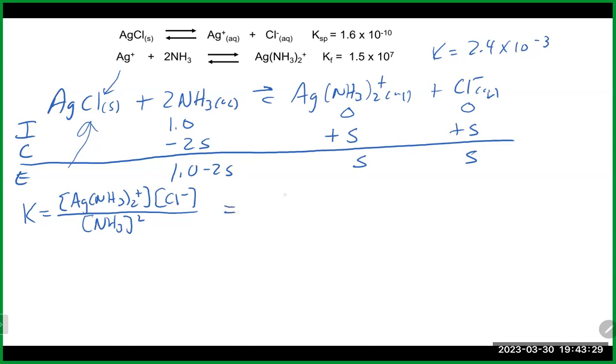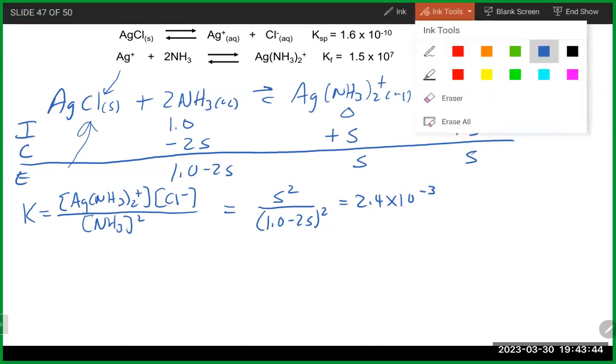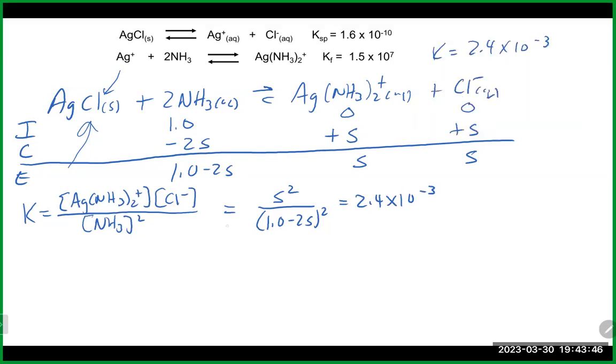Putting those values in gives us basically S squared divided by (1.0 minus 2S) squared is equal to 2.4 times 10 to the minus 3. If you look at this, this is a perfect square. So a big old square root on both sides would be the best move.